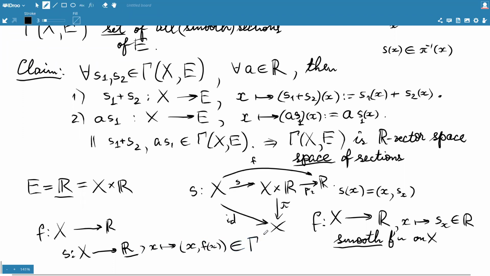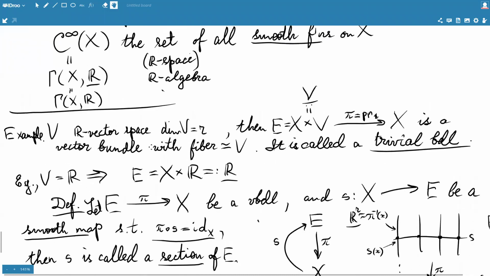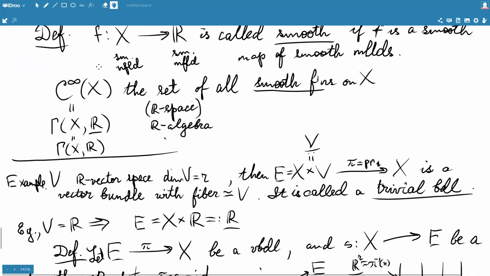So gamma X, gamma R, the sections of the trivial bundle are underlined. This is the reason why we said before that we denote the space of functions as this, the space of sections of a trivial bundle.